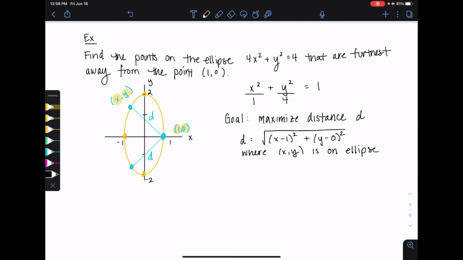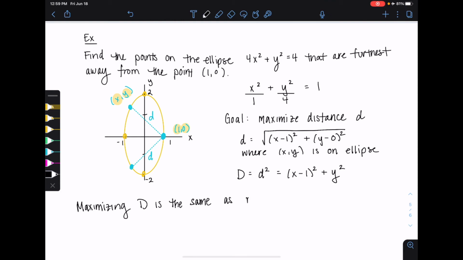Okay. But I know I'm going to have to take a derivative. I really don't want the square root. I'm going to go ahead and call capital D the distance squared to get rid of that square root. Because maximizing capital D is the same as maximizing little d, and it's much easier to work with.